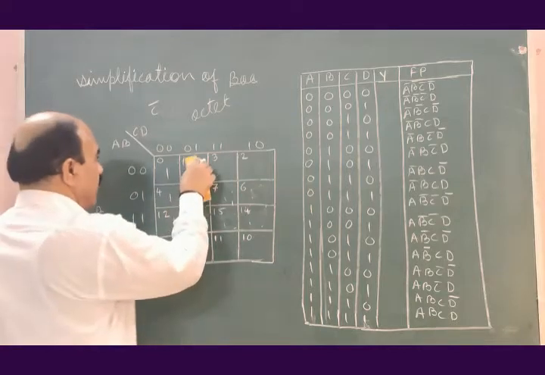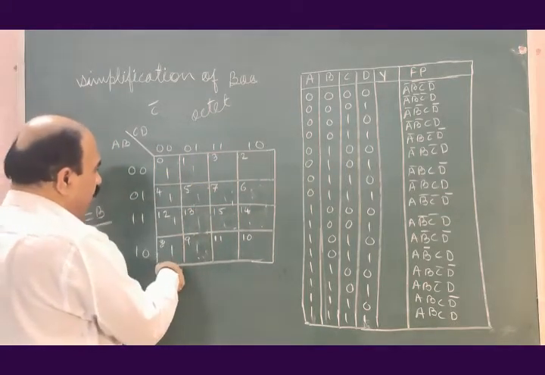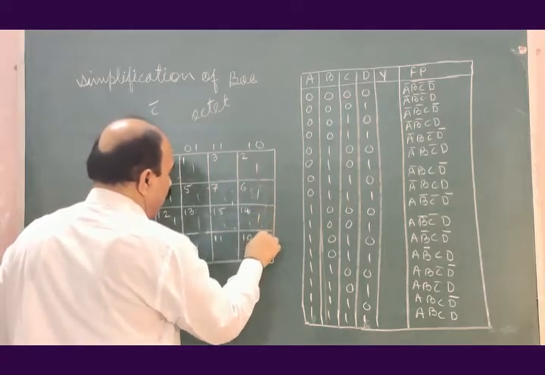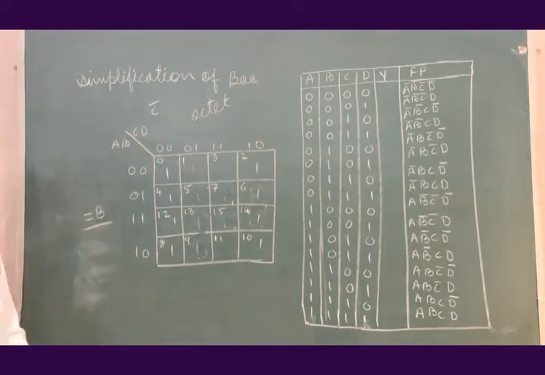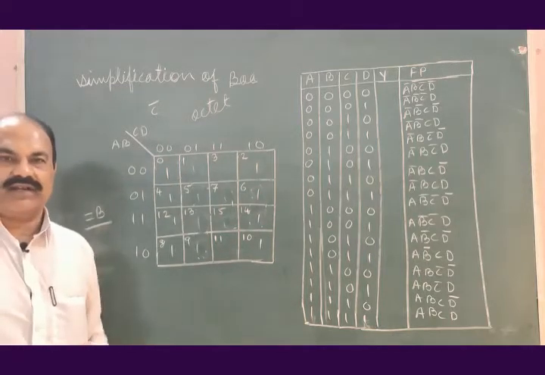Let us see how. Let us suppose I have 4 ones here and 4 ones here. Now here I can form one quad.